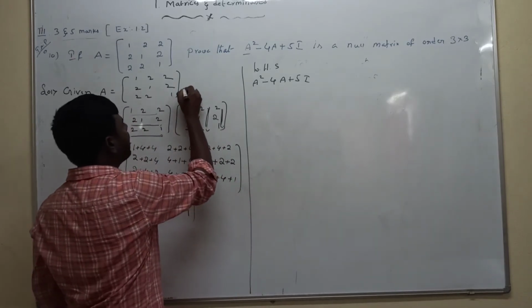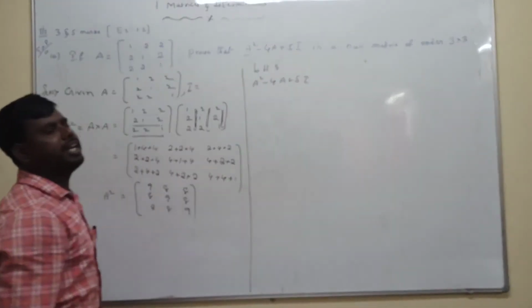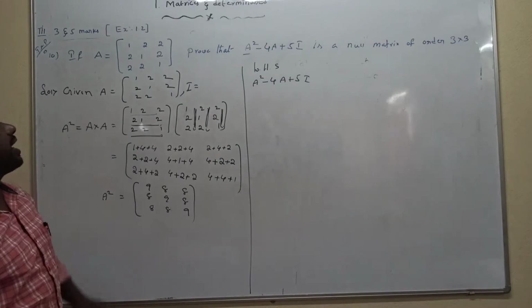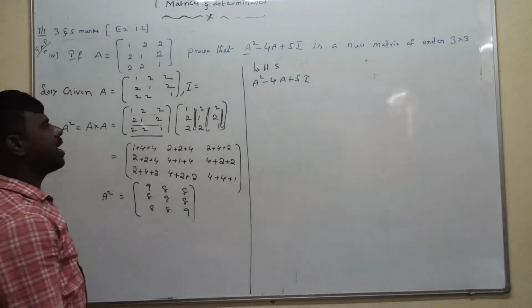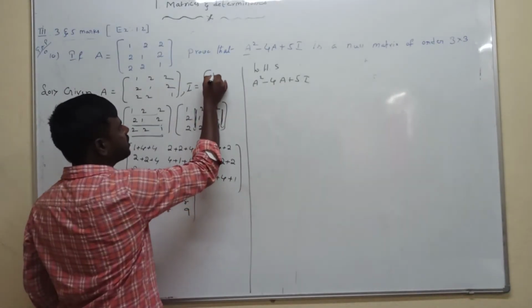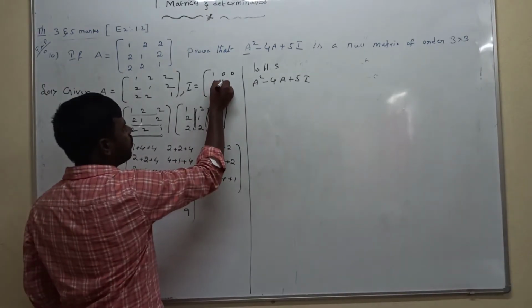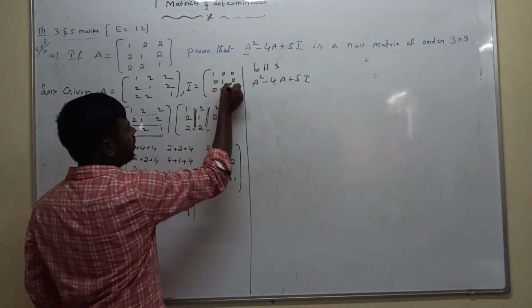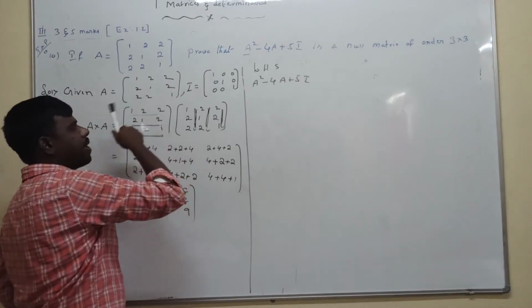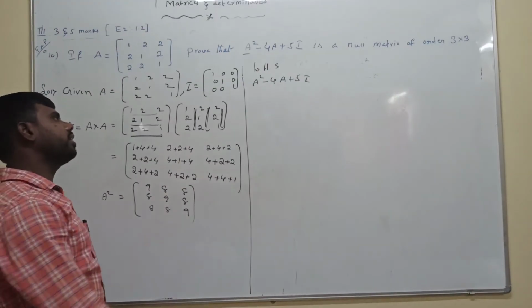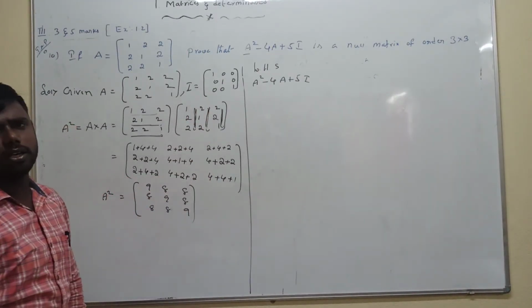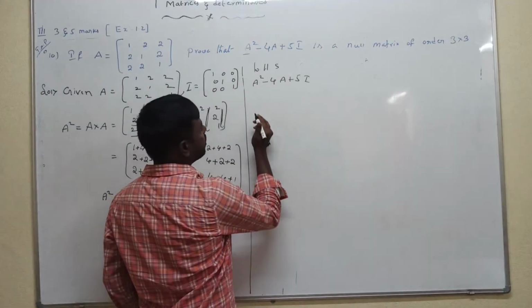Dear students, I is nothing but the identity matrix. The matrix A is given as 3 by 3, so the identity matrix is also 3 by 3: [1 0 0; 0 1 0; 0 0 1]. Now substitute the condition.